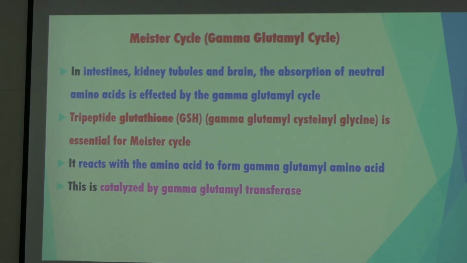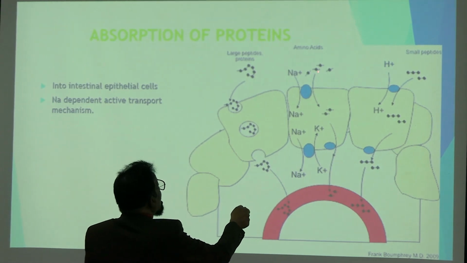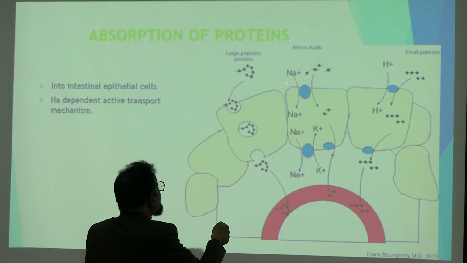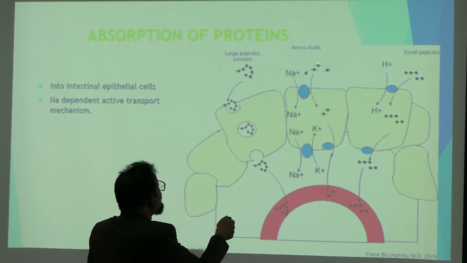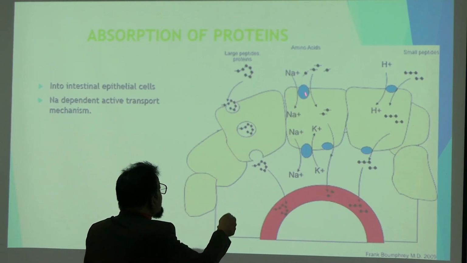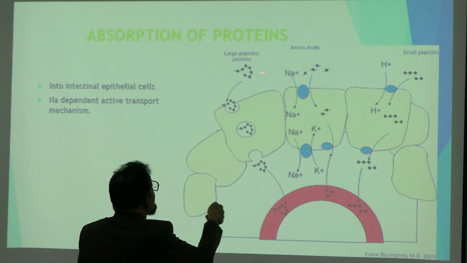See the mechanism of action. These are amino acids. This is sodium. Sodium amino acid co-transporter. So when these are diffused in through this co-transporter, sodium is diffused in because of the concentration gradient. This is the intestinal lumen.